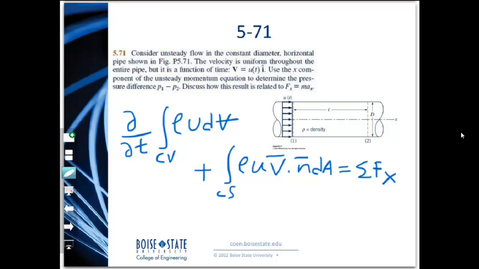So here your u is u of t, it's in the i direction, which is in the x direction. Let's go to the next page. Okay, so ∂/∂t of ρ u, and it's a function of t, so I'm going to put it inside.